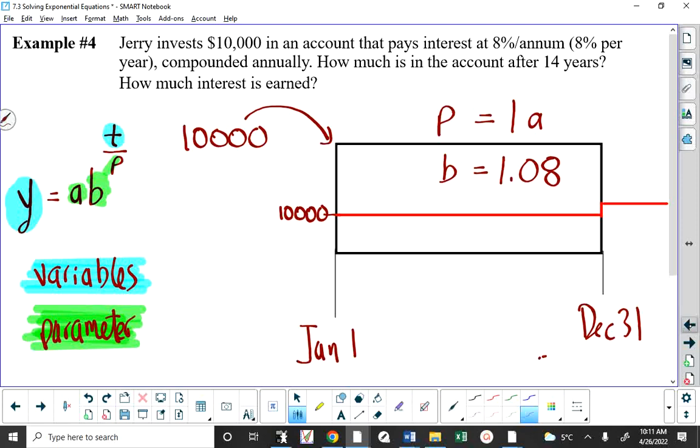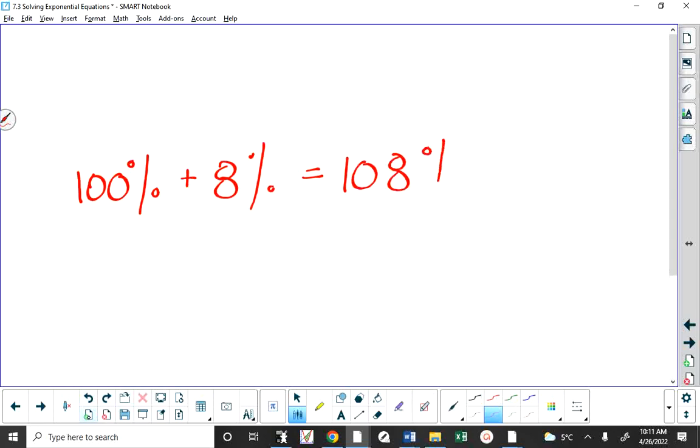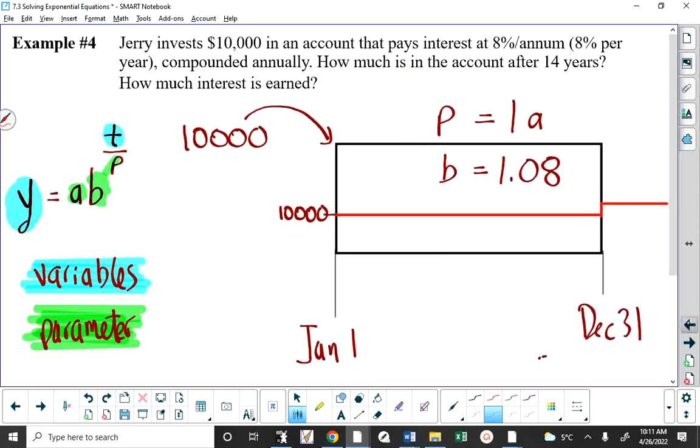If you're earning 8% and you take 100%, which is what you start off with, and you add the 8% earned, you're going to have a value that's 108%, and this means divided by 100 in math. So this is 108 divided by 100, which gives you 1.08. 1.08 is what you multiply by every time you want to calculate the new balance. So B is 1.08. A, well, this is A.